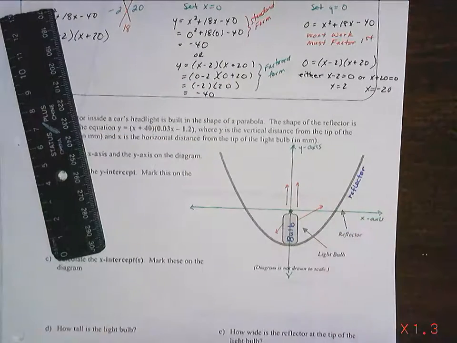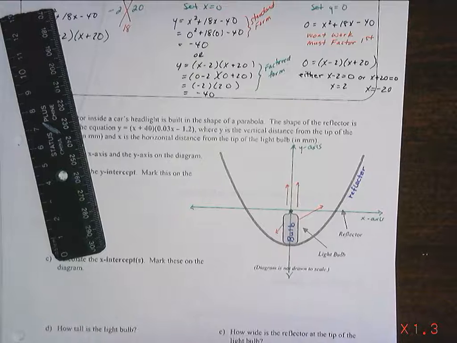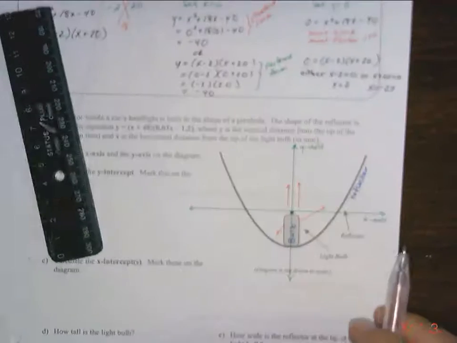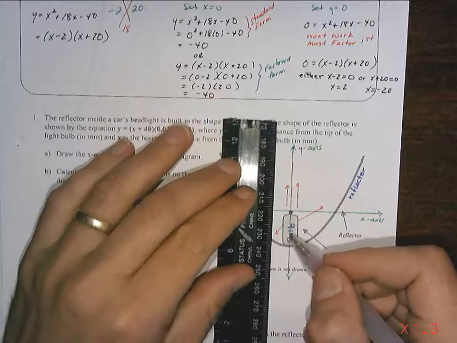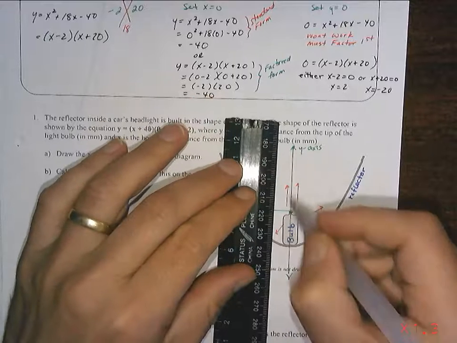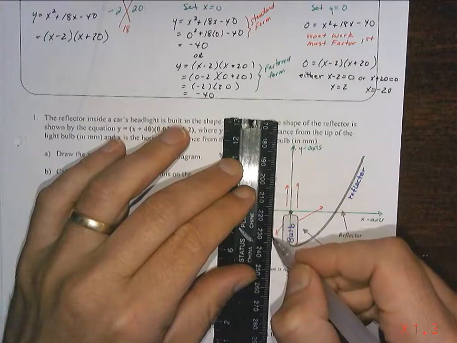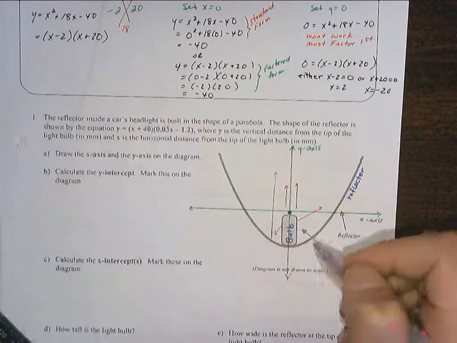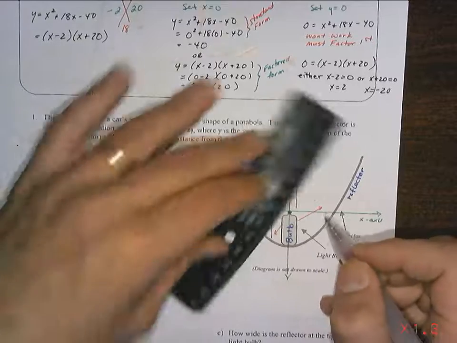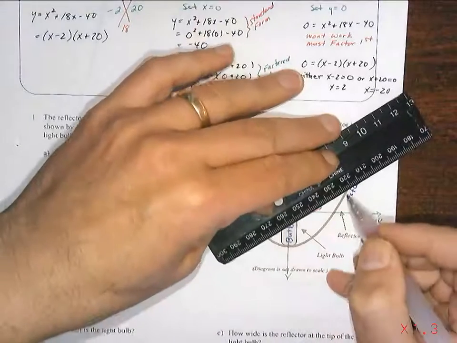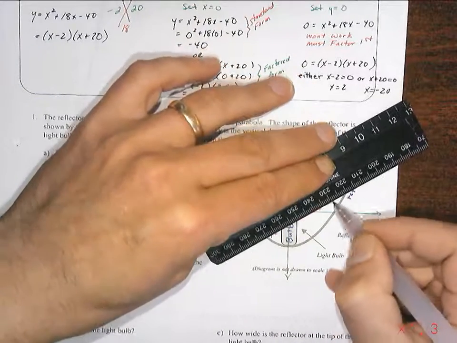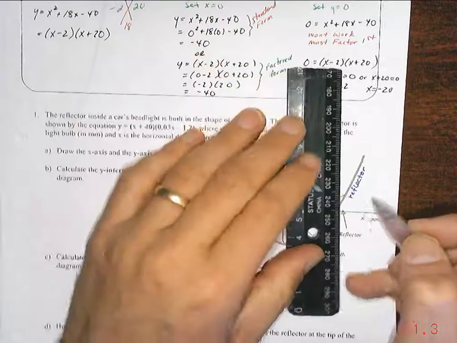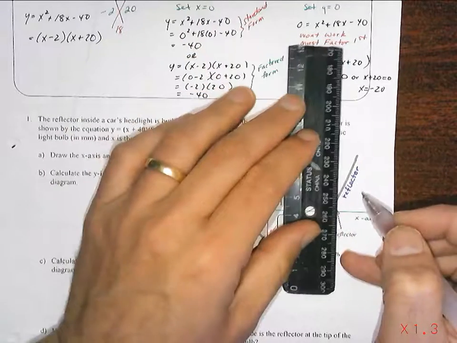So what we've done by engineering this headlamp so that it is parabolic in nature, when this ray of light hits the reflector, it actually is going to be sent out like that. And when this light ray hits the reflector here, it's actually going to be sent out like this.